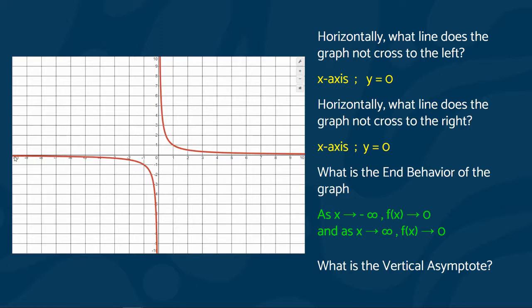Well, if you look at both ends of this picture, end behavior says it's approaching negative infinity. It's coming really, really close to the x-axis. And over here, it's approaching positive infinity, coming really, really close, but not touching the x-axis. So the x-axis, y equals 0, is your asymptote. It's a place where the graph can come towards, but can't touch.